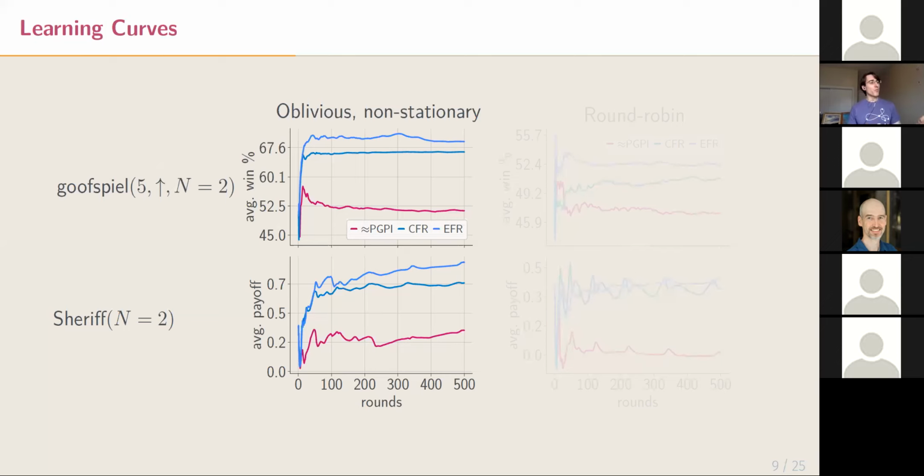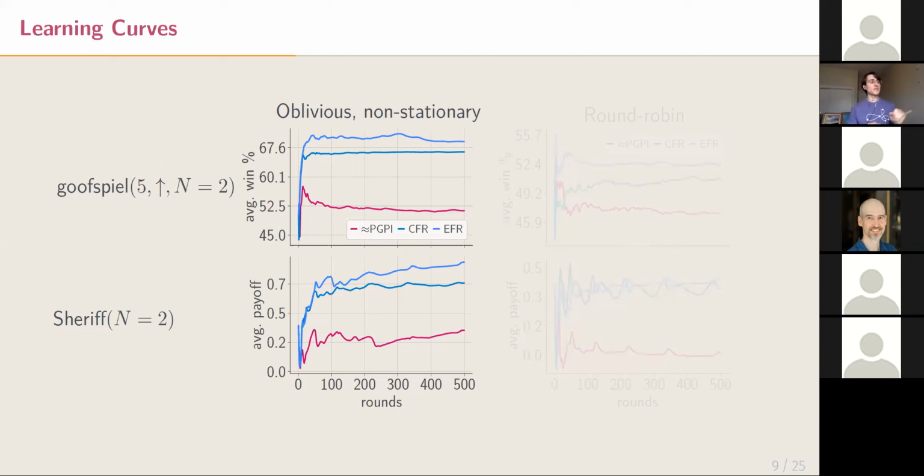So, right, recall that the only difference is the deviation set. So you can see that there's a big difference going from PGPI to CFR in these games. Now the third line, the blue line EFR, is extensive form regret minimization. That's actually the name for the umbrella algorithm.